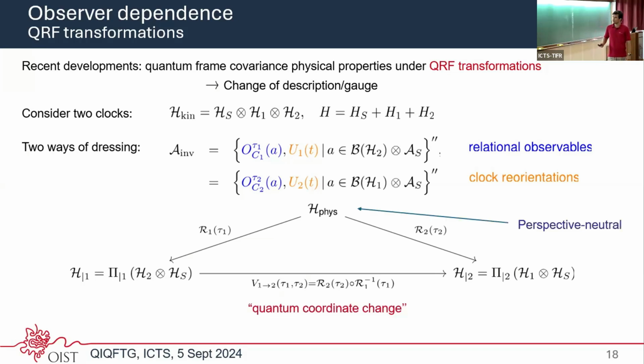That's why we call the physical Hilbert space in this sense perspective neutral, because you don't pick out a perspective, it contains all perspectives at once. And then this V-map, which goes back to the physical Hilbert space and then to the other Hilbert space, we see as a quantum coordinate change, just like how you would change coordinates on a manifold.